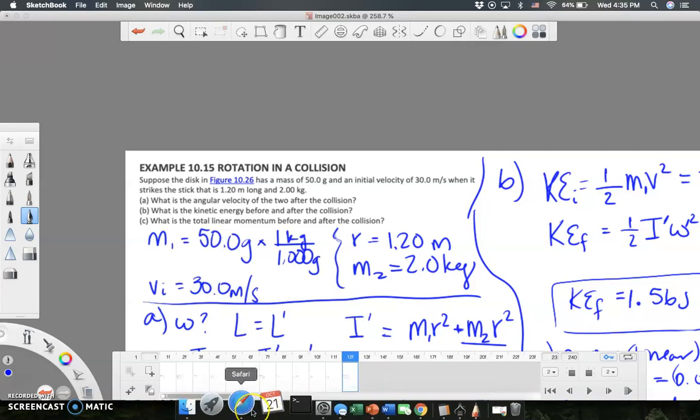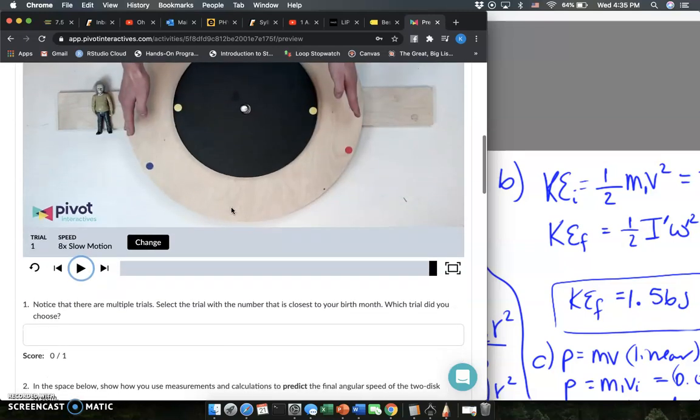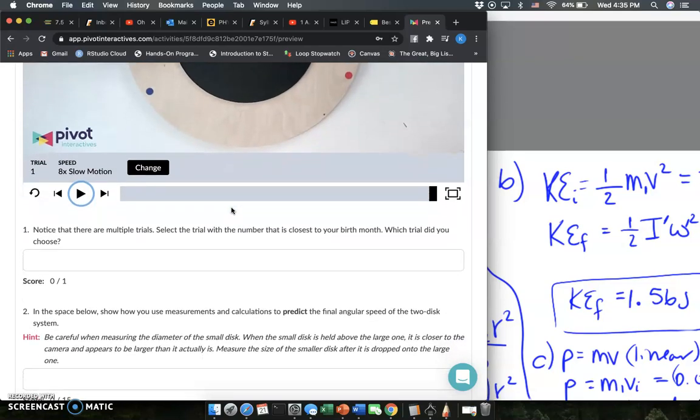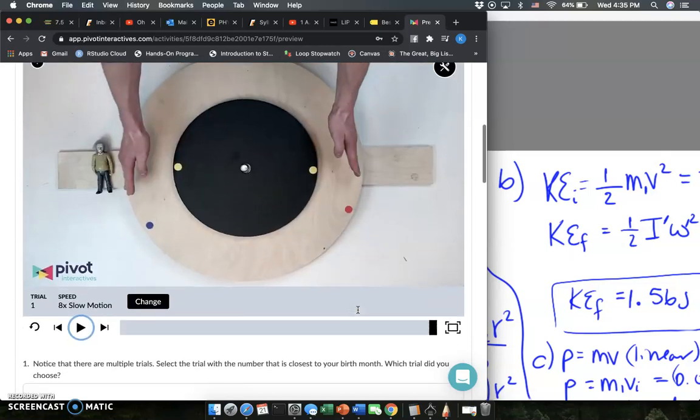But here, in this case, we have a disc striking another disc. Okay, but it's the same idea of this collision with angular momentum. So you're going to be using some same ideas from that example. When you're going through that, just think of what you will need to measure to predict that final angular speed, or that angular velocity.